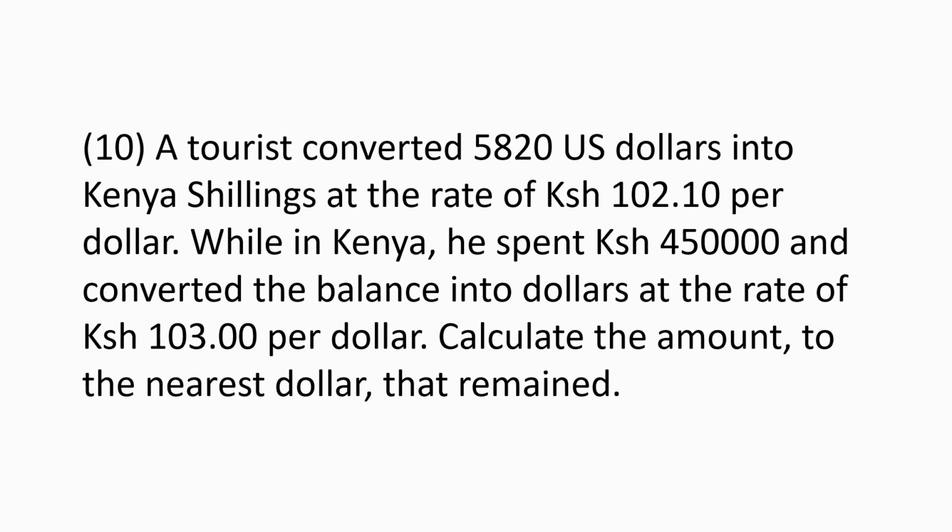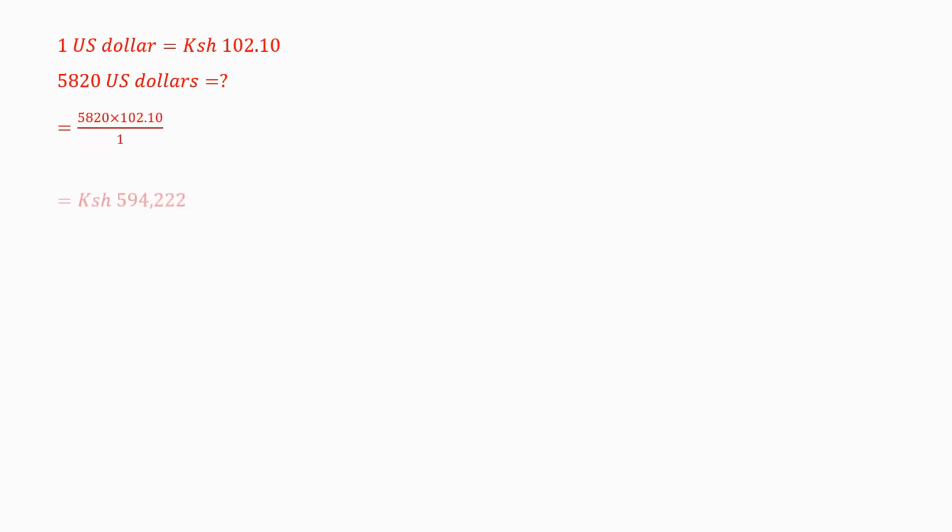So the first step is to convert the US dollars into shillings at the rate of 102.10, and therefore for $5,820 we shall multiply by the rate, and it totals to 594,222 Kenya shillings.